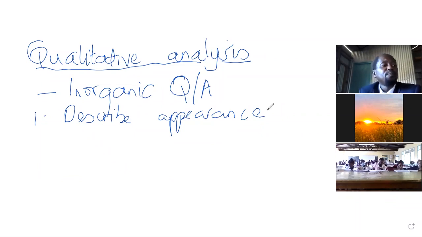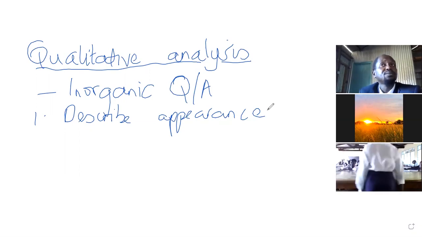So an example would be, supposing a solid provided P is, for instance, copper 2 carbonate. If you are asked to describe its appearance, you would simply say it is a green powder. If you are asked to describe the appearance of sodium chloride, maybe it is not known as sodium chloride, but it is provided as a solid Q. You would mention white crystals.